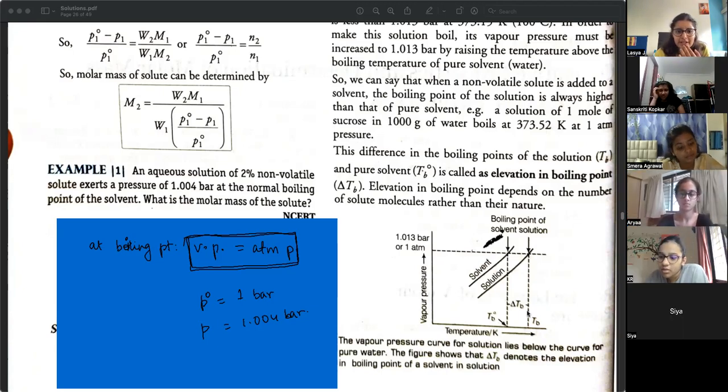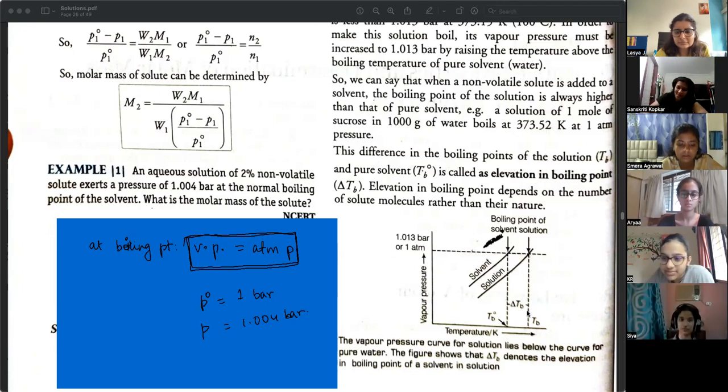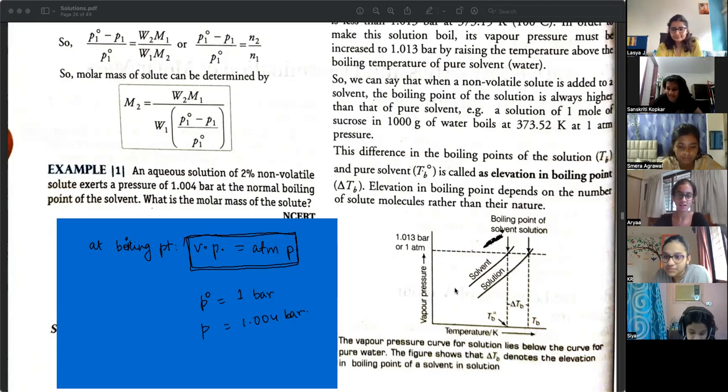Okay, if you want to be accurate for an approximate result, let's interchange this. So 2 grams is the solute and 98 grams is the solvent. Now, what do we do with that information? Have you noted down what all info has been given?